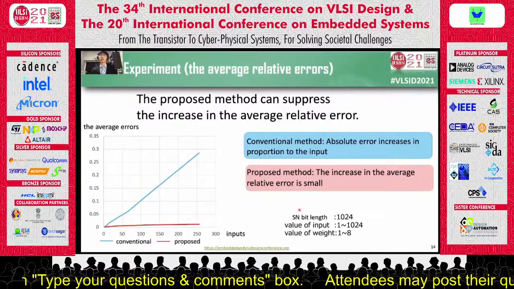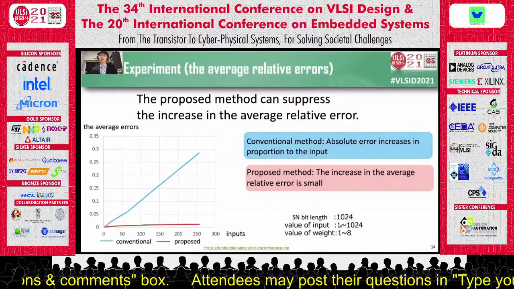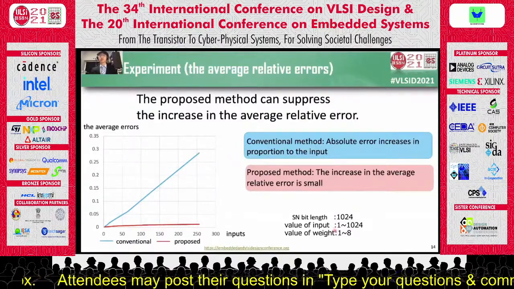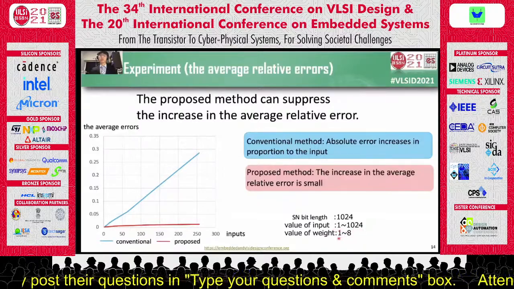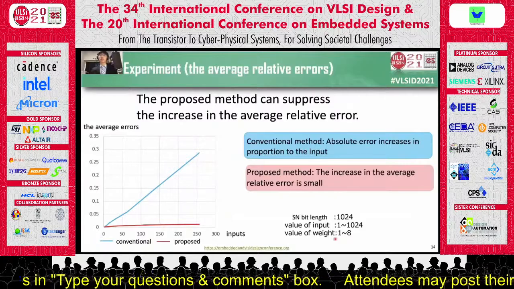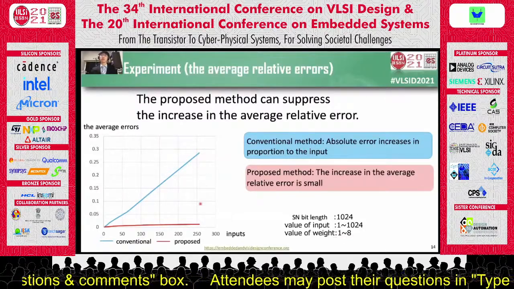The word length is fixed to 1024 bits. The value of the input is randomly selected from 1 to 1024. The value of the weight is randomly selected from 1 to 8. Please see the graph.